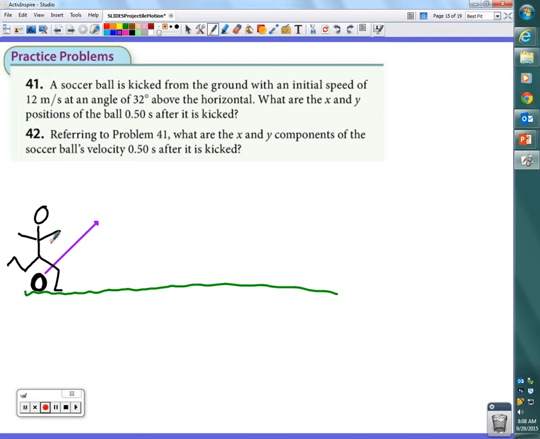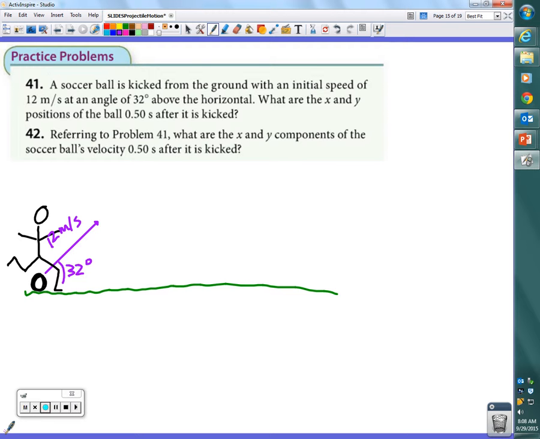So it says that it's kicked at 12 meters per second, and that it's kicked at an angle of 32 degrees above the horizontal. Okay? That's what the beginning of this problem looks like.